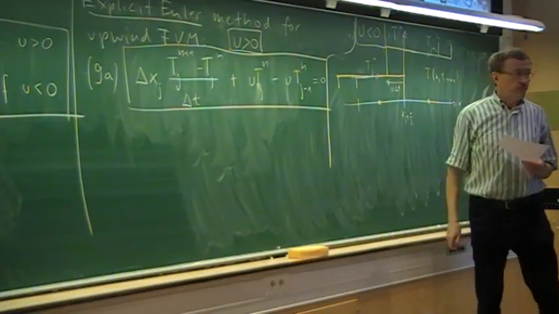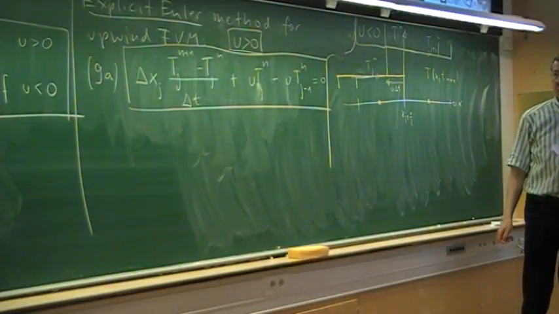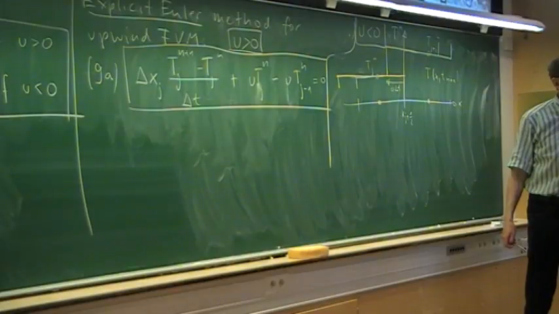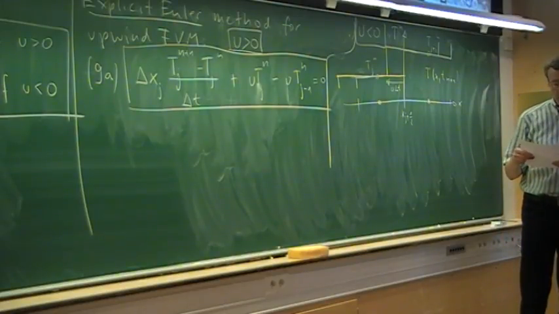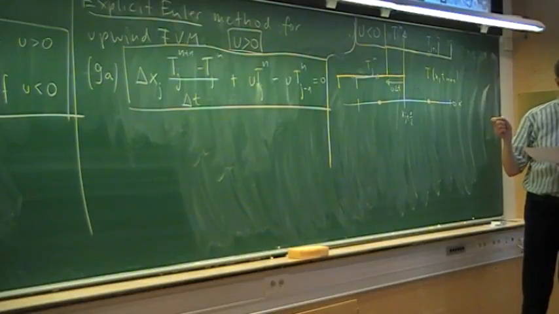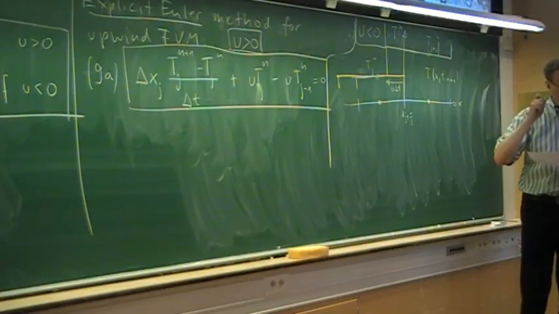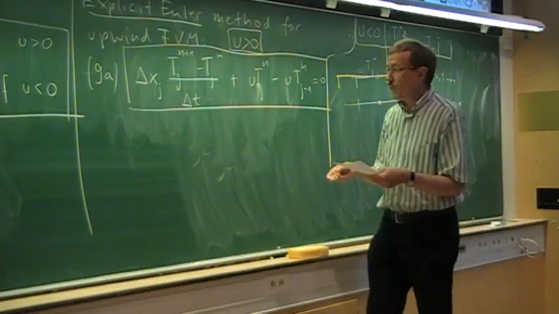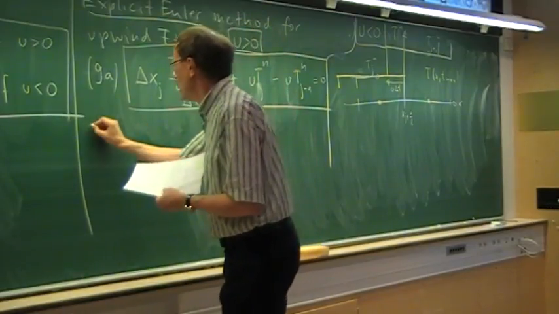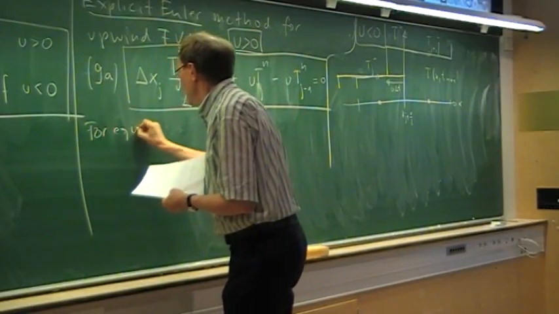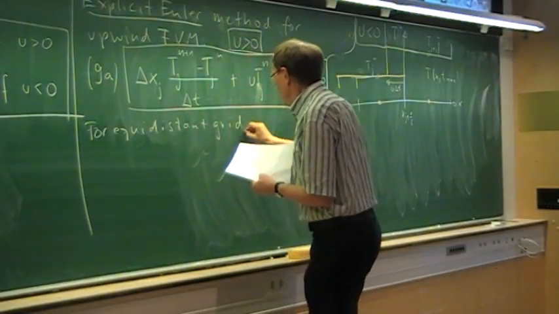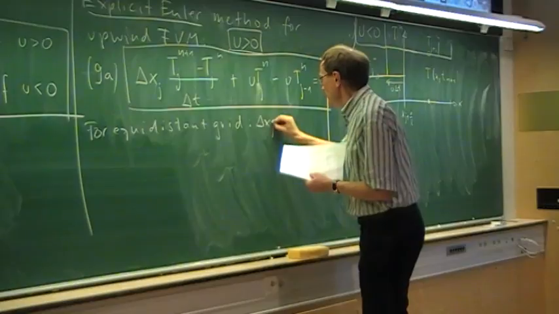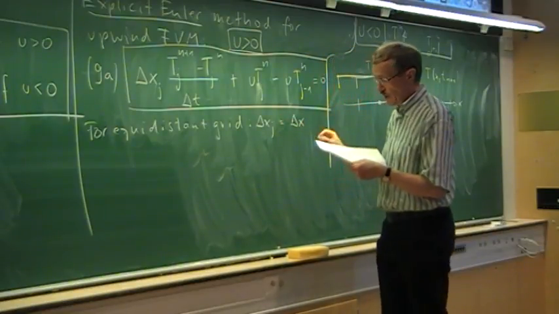That is then the explicit Euler method. And here we are general. We can have any grid size, but as I told you, the grid size should vary smoothly. And now we make an assumption: that the grid size is equal, so that we have an equidistant grid, that is delta x_j is equal to delta x constant.